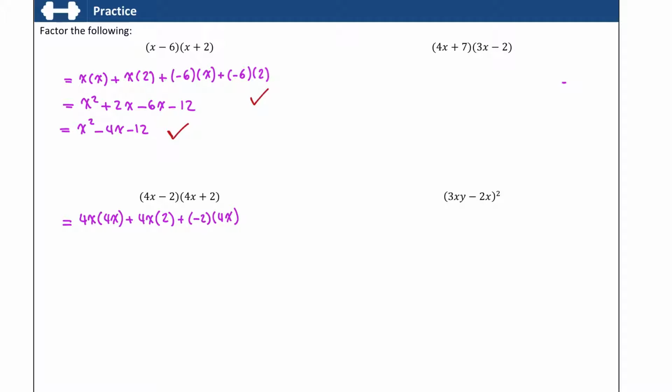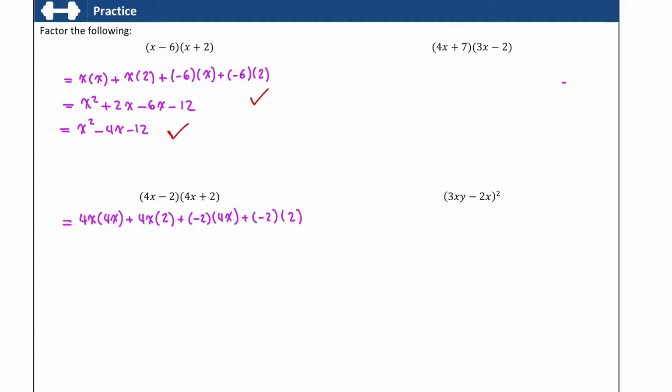And my last terms are -2 and 2. And note that I'm separating every time I multiply. So I do my first term, and then I add my outside terms, and then I add my inside terms, and I add my last term. So make sure that there's a plus between your first, outside, inside, and last terms.